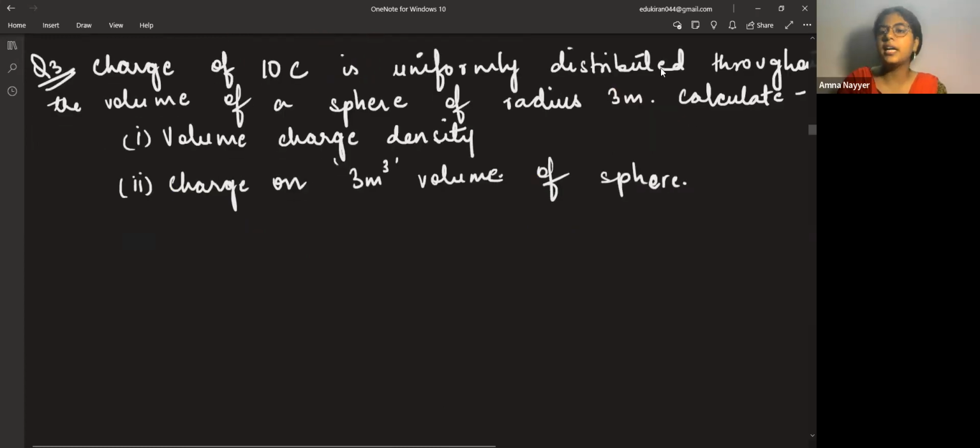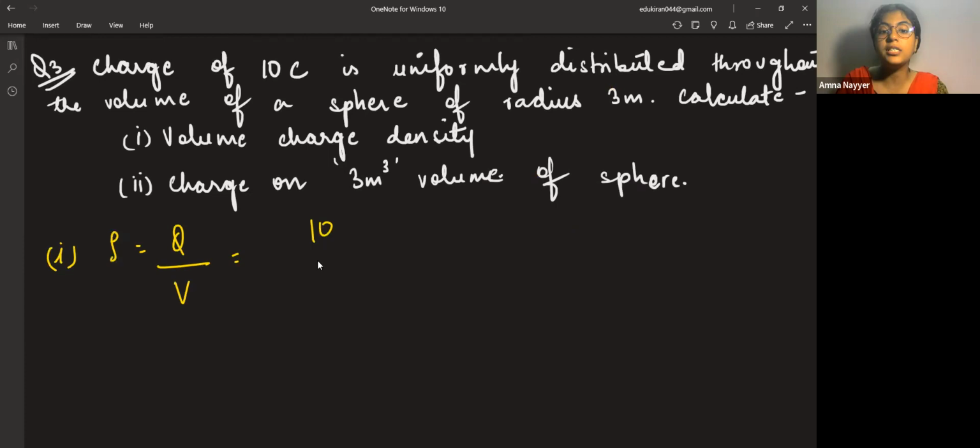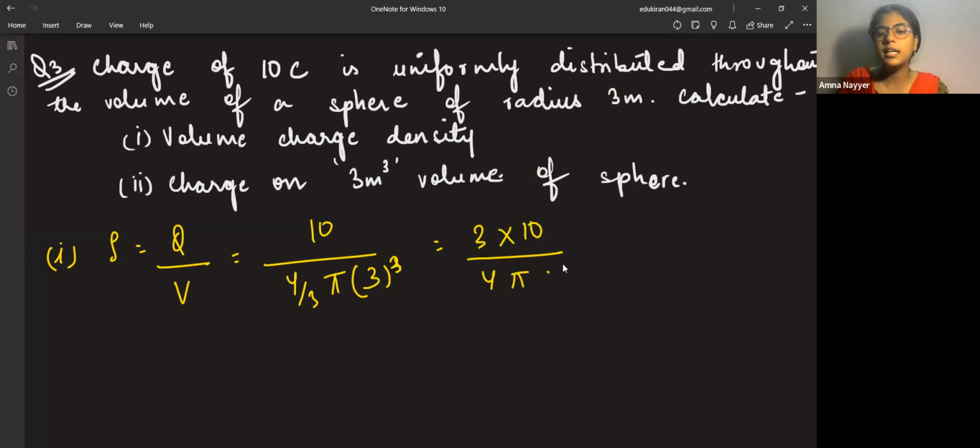So a charge of 10 coulomb. Now you are having radius as 3 meters. So rho will be charge per unit volume. Charge is 10. Volume of a sphere is 4 by 3 pi r cube. So this 3 will go upwards. 3 into 10 divided by 4 pi into 3 cube. This 3 and the cube will become square.